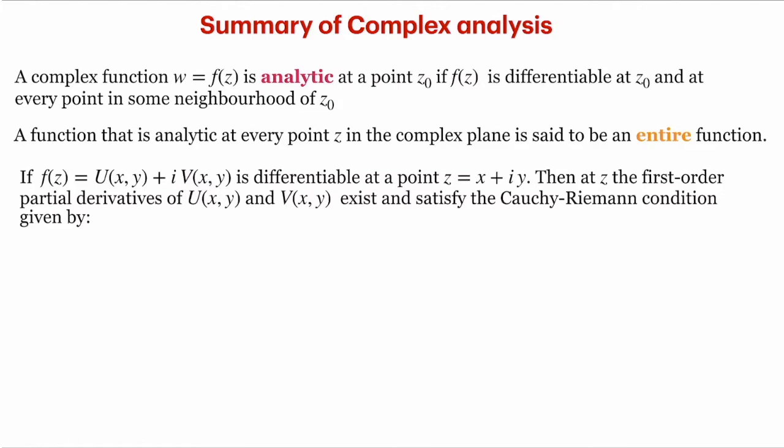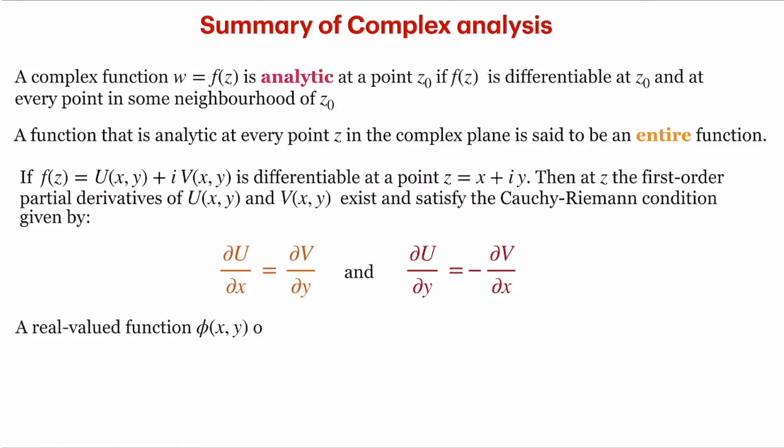The Cauchy-Riemann condition is given as: the partial derivative of u with respect to x must be equal to the partial derivative of v with respect to y, and the partial derivative of u with respect to y must be equal to minus the partial derivative of v with respect to x.